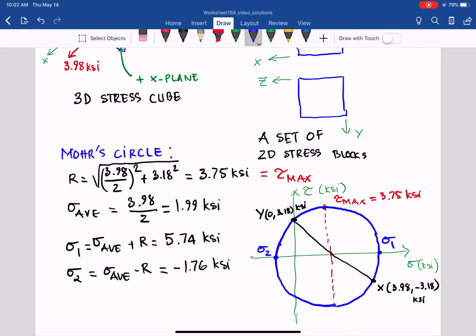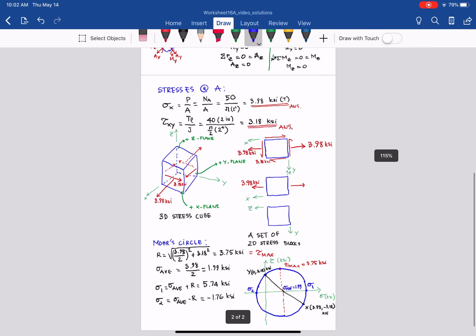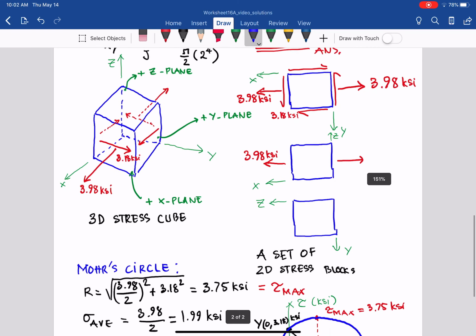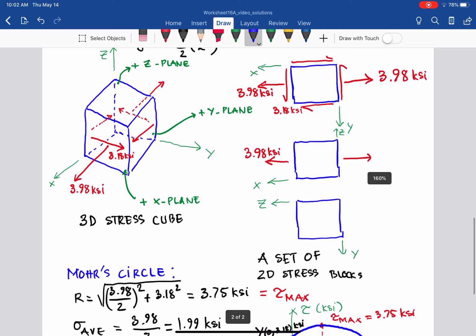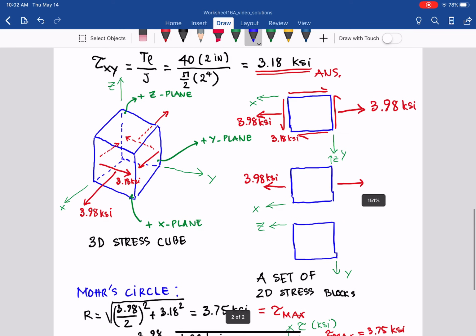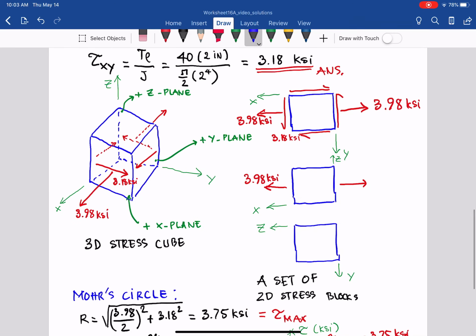Just put sigma average here, as you can see, and that is 1.99, and we are done with this problem. So you just saw a sample of how to draw the 3D stress group and a set of 2D stress blocks, and you can practice in the next problems, 16A, 16B, and 16C.